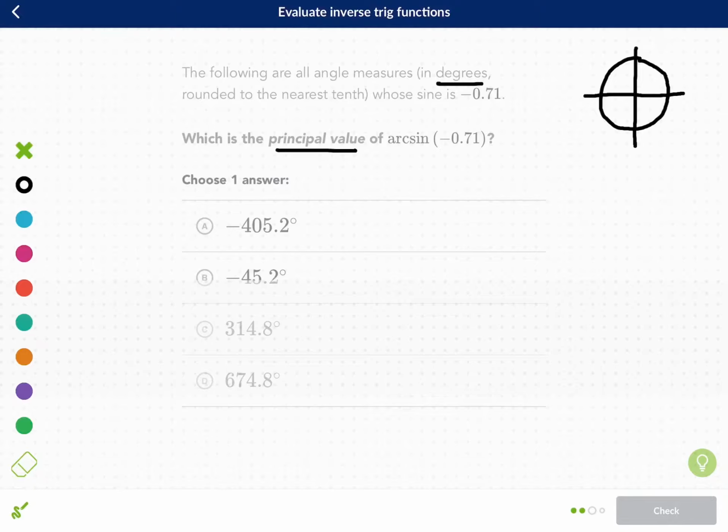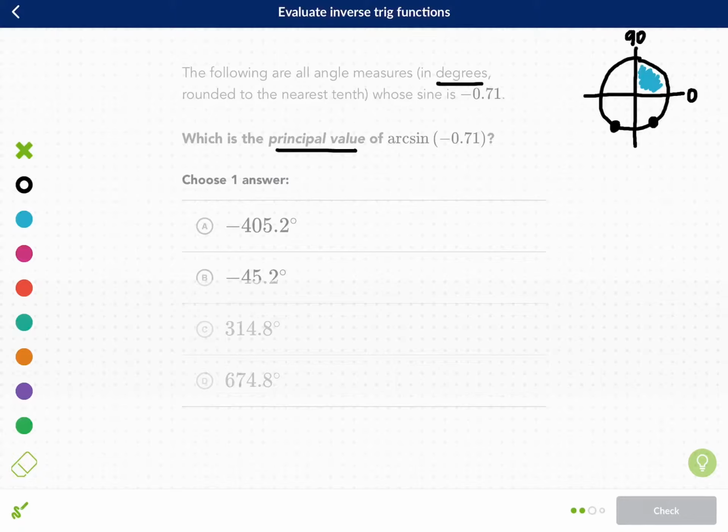So an inverse sine of 0.71 is going to end up somewhere over here, but it's also going to end up somewhere over here. It's going to end up on both of them. Well, the principal value is always going to come from the first quadrant. So technically that principal value, when we're talking about degrees, is always going to be between 0 and 90.